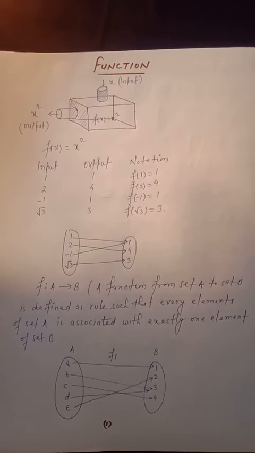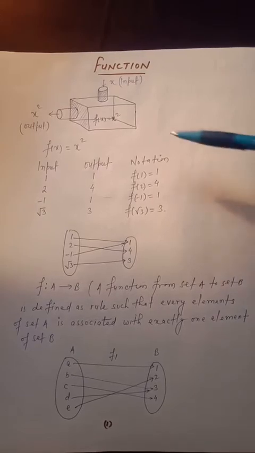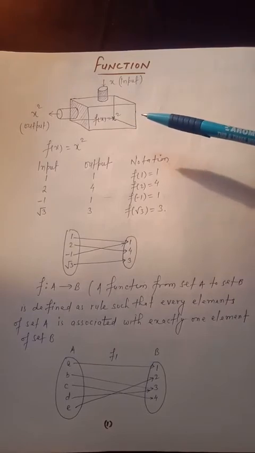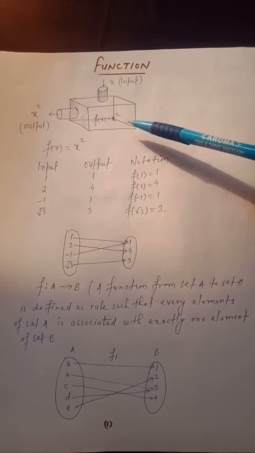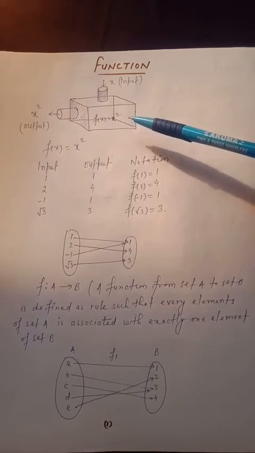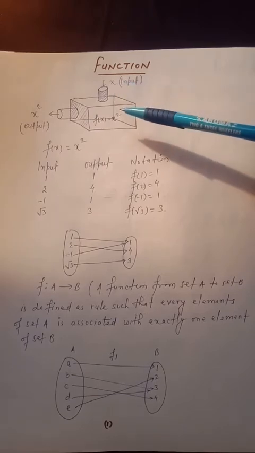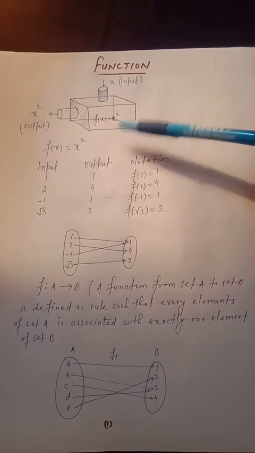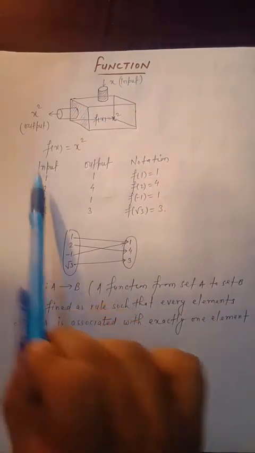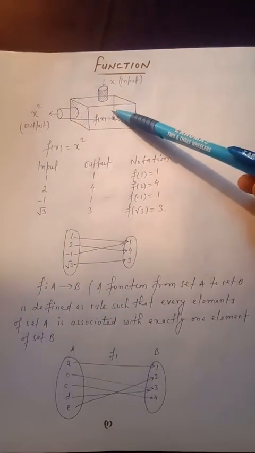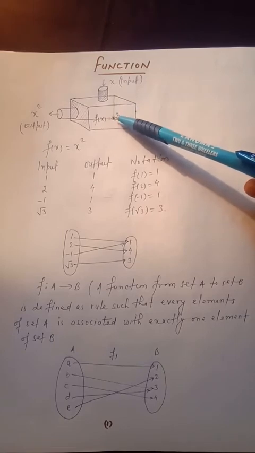First of all, I am taking an intuitive idea of function. Imagine this block is a machine and its name is F. This machine takes some input, and depending upon its mechanism it gives an output. Everything depends on the mechanism fed inside this machine.